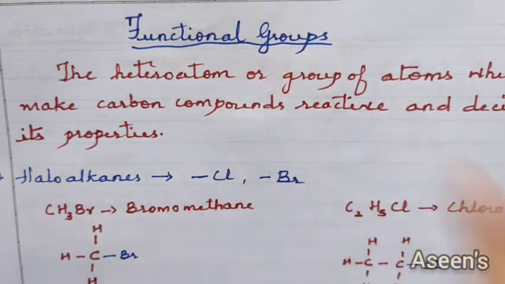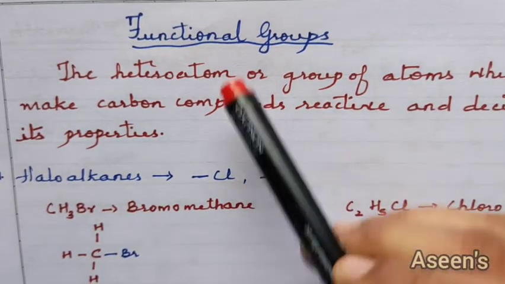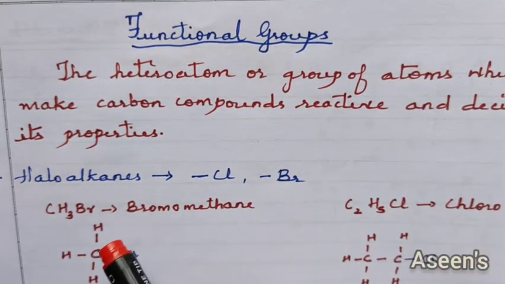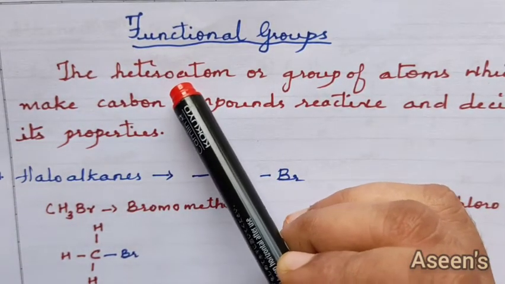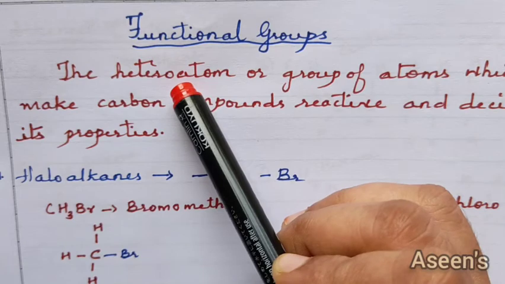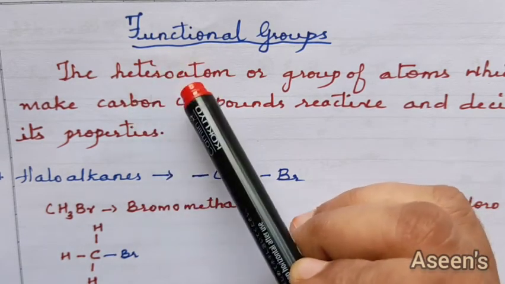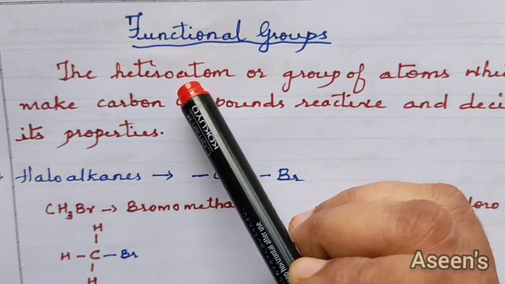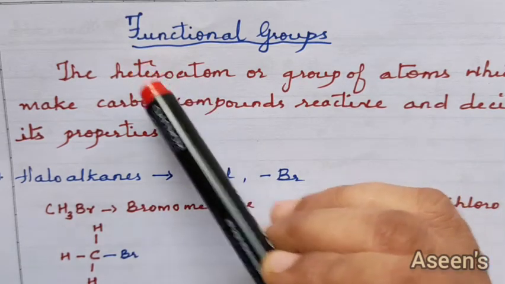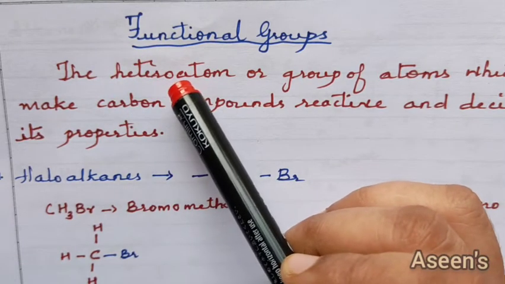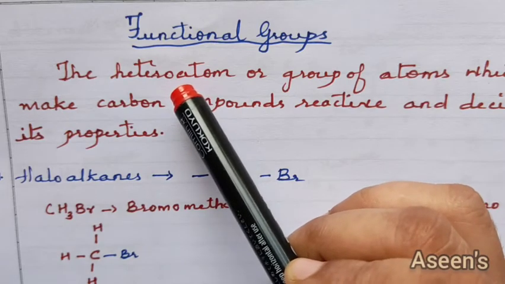So in today's video we are going to go through functional groups under the chapter carbon and its compounds. So let's get started. Let us see the definition first for what is a functional group. It's a heteroatom. Heteroatom here refers to atoms other than carbon and hydrogen. So if you're having an atom other than carbon and hydrogen, we call it a heteroatom, only in the case of carbon compounds.